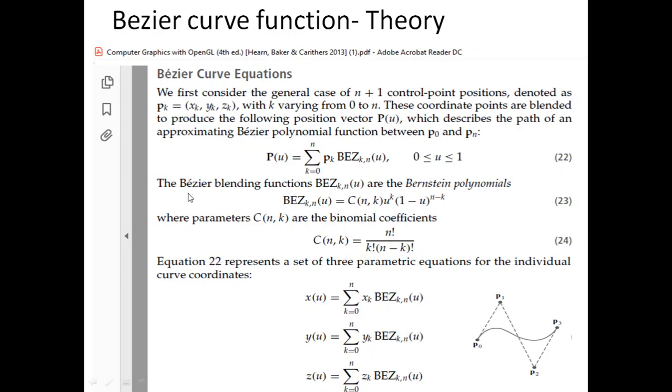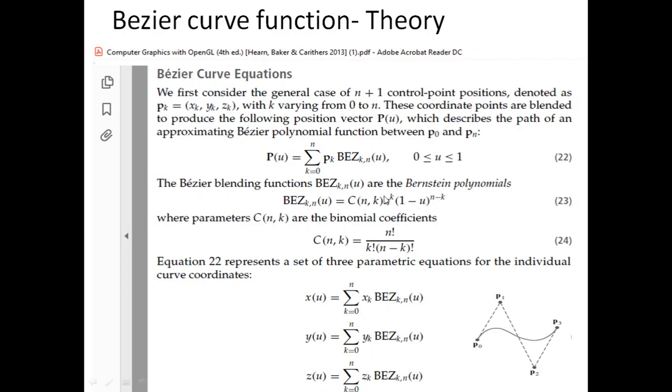Now see, the Bezier blending functions BEZ k,n of u are Bernstein polynomials. So based on the polynomial equation, we are finding the direction of the curve. See the formula: BEZ k,n of u equal to C(n,k) u power k (1 minus u) power n minus k.